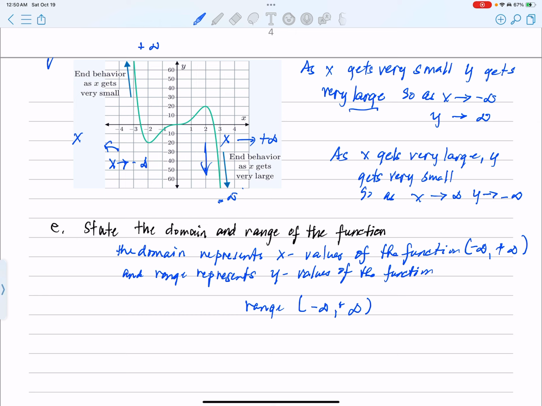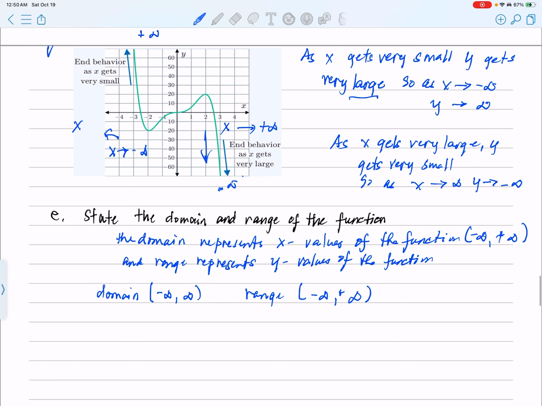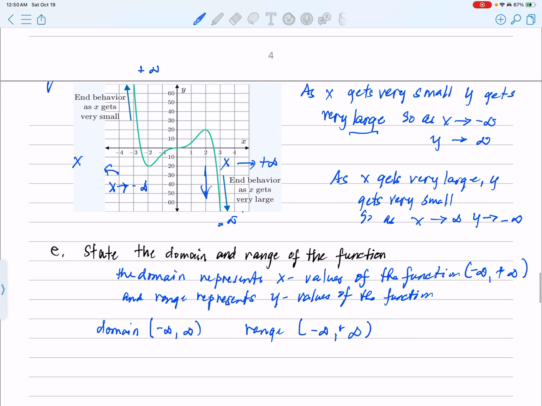So I could say the domain goes from negative infinity and increases to positive infinity. That is what we mean, in this condition in the graph, right? As x increases, as the domain increases to positive infinity, the range goes to negative infinity.